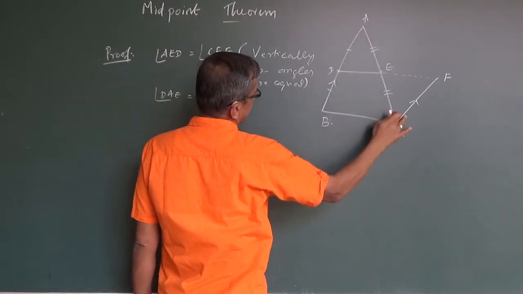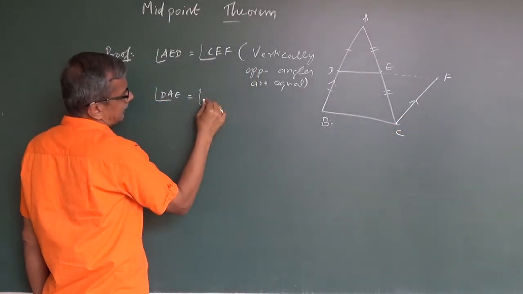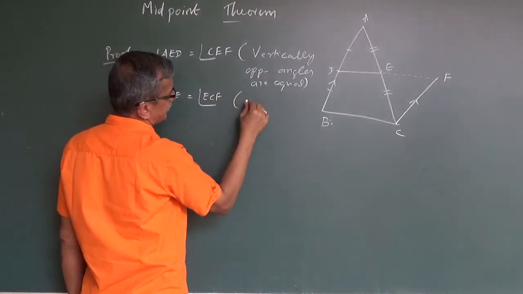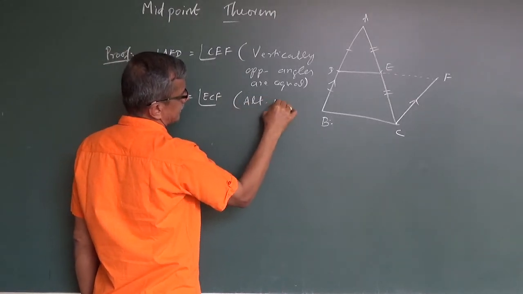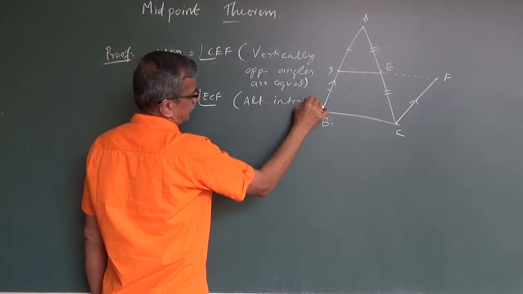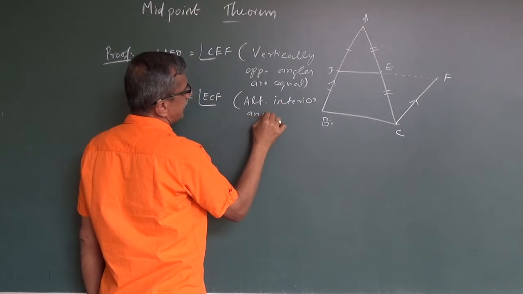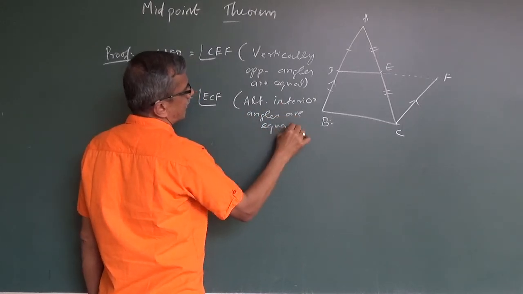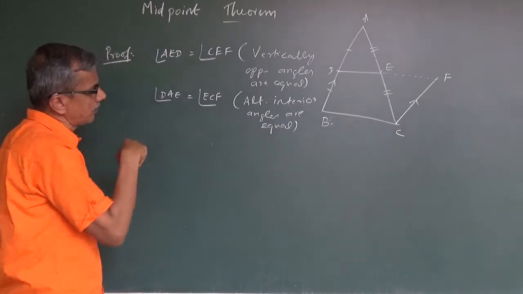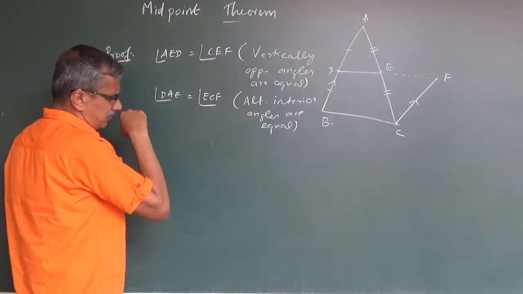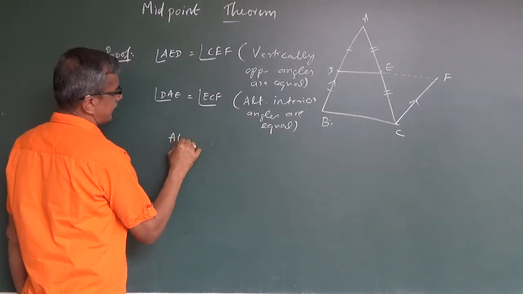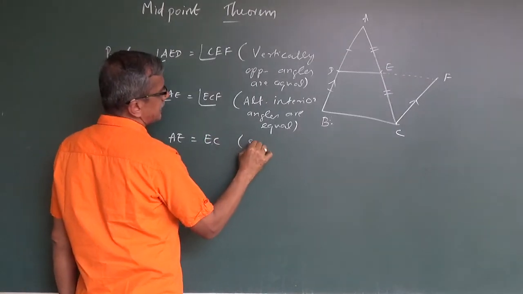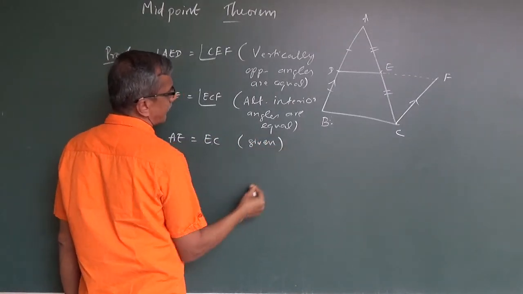This angle is equal to this angle, ECF. These are alternate interior angles, and alternate interior angles are equal. AE is equal to EC, given.